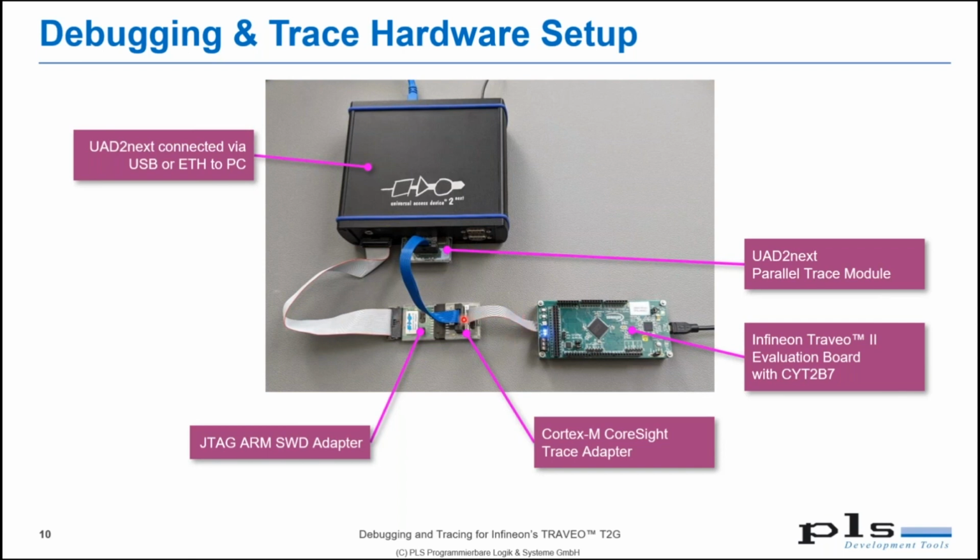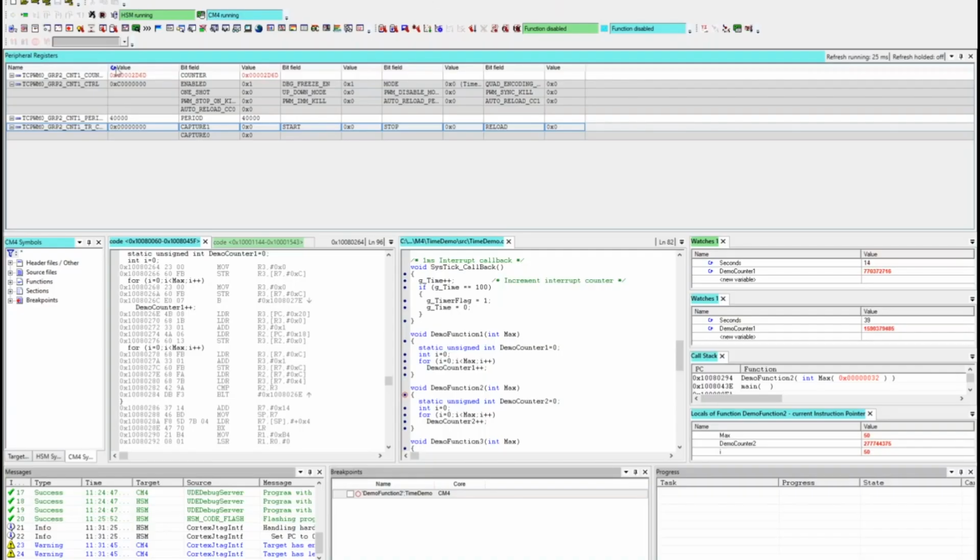And this is connected using this 20-pin flat ribbon cable to the connector on the board here. The UAD2Next can be connected using USB 3 to the PC, or if you like, you can put it in your network and access the device using Ethernet.